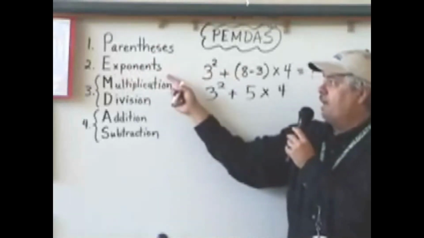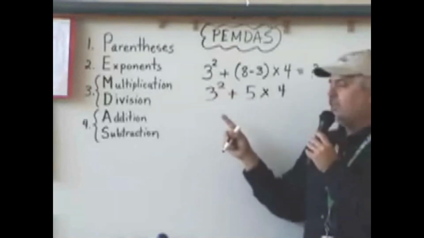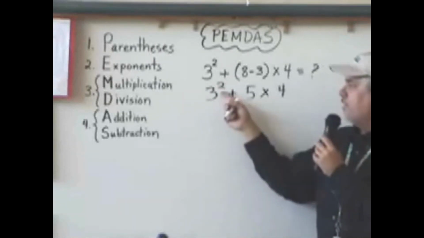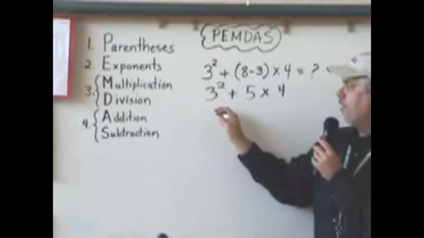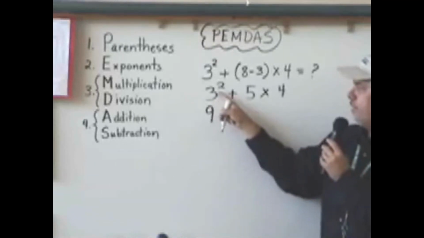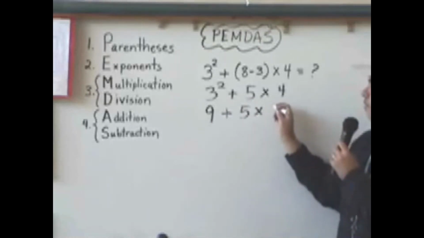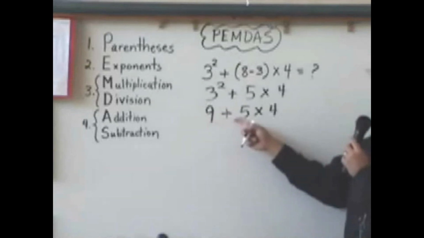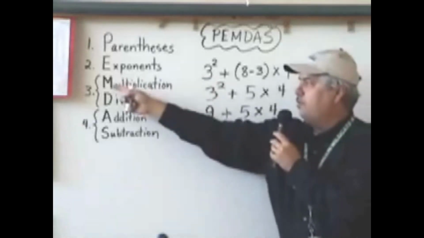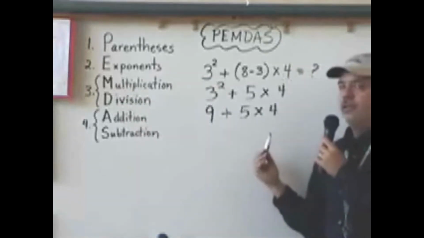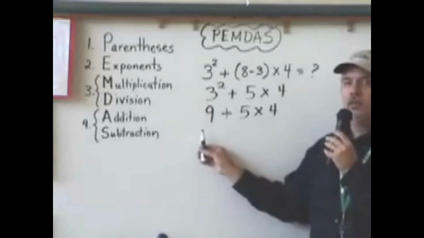I'm going to do exponents next. And I look at this problem and I see, oh, there's one number that has an exponent. 3 to the second power. 3 to the second power, if you remember, that means 3 times 3. So 3 to the second power actually equals 9. So then I just write down the rest of this. Okay, now I have 9 plus 5 times 4. Well, I've done parentheses, I have done exponents. Now I'm going to do multiplication and division from left to right. So I will start here, and whenever I see a times sign or a divided by sign, I will stop.